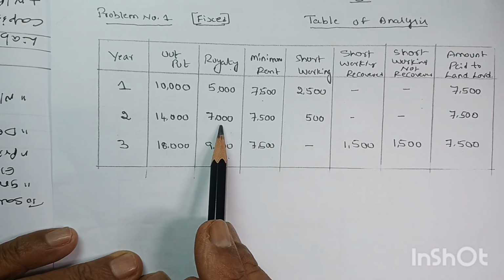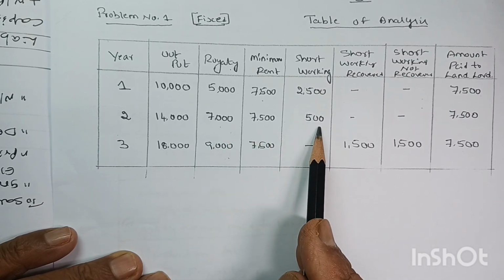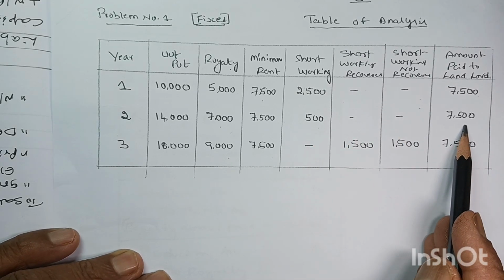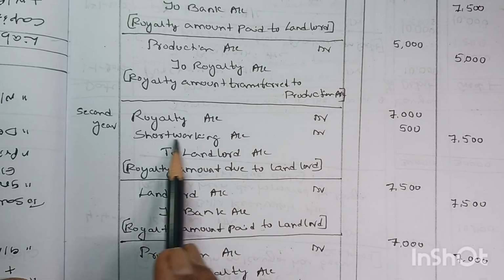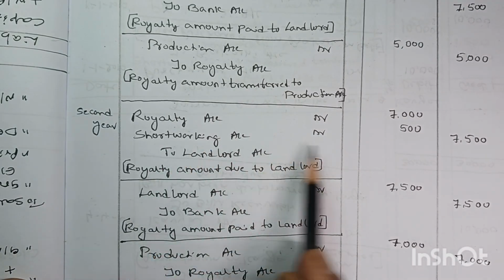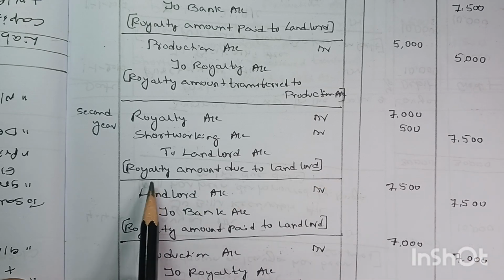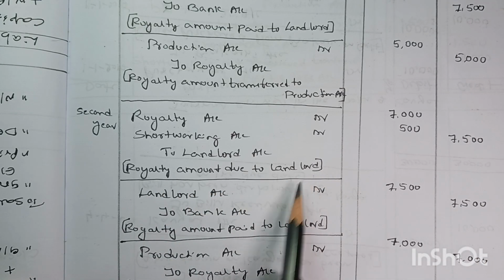So I have written royalty account debtor 7,000, short working account debtor 500, to landlord account 7,500, royalty amount due to landlord.